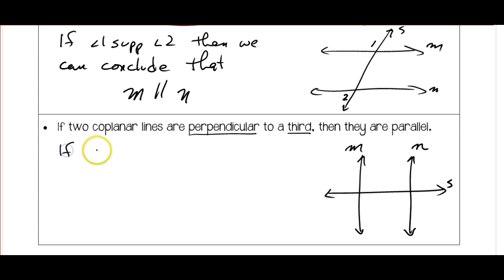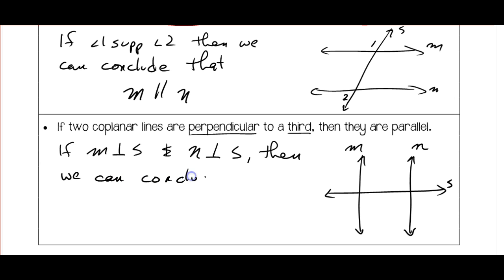So if M is perpendicular to S and N is perpendicular to S, then we can conclude that M is parallel to N.